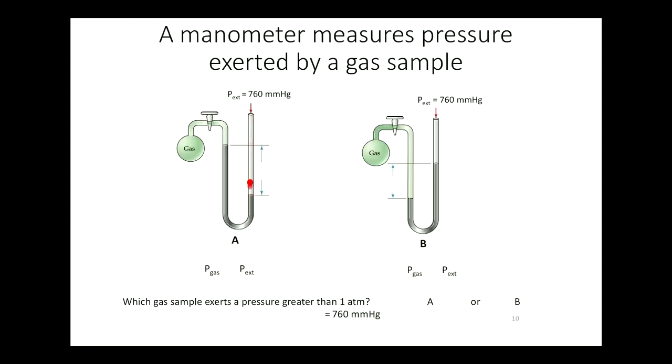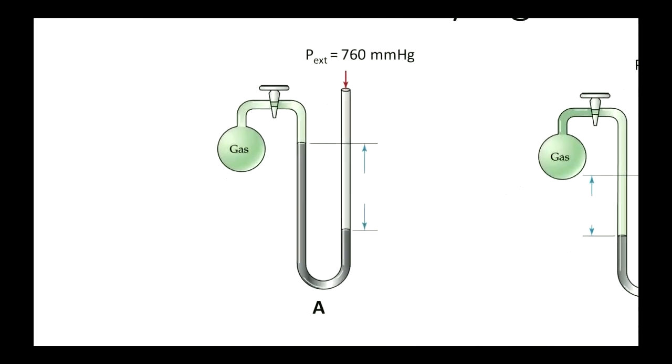We have this open-end tube. Okay, so let's just look at A right now. We have an open-ended tube that's open to the atmosphere. Let's just pretend it's 760 torr, all right? And it's pushing down on the mercury tube. The gas is also exerting a pressure, right? So based upon this picture, is this gas exerting more pressure than 760 torr or less pressure?